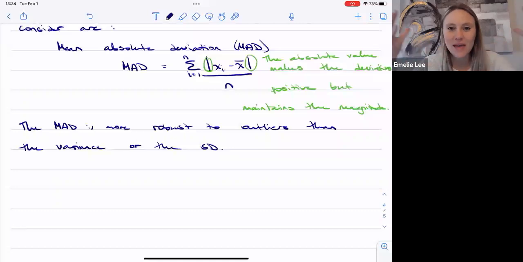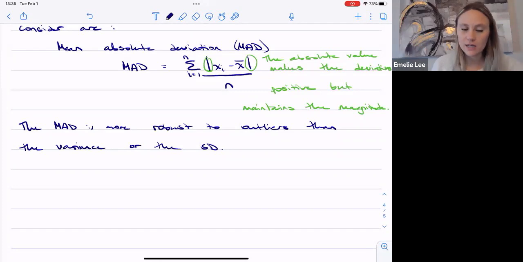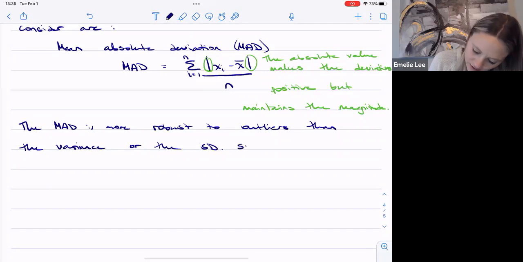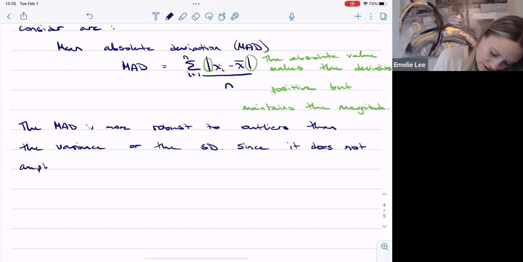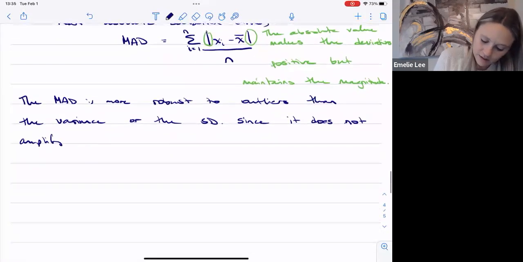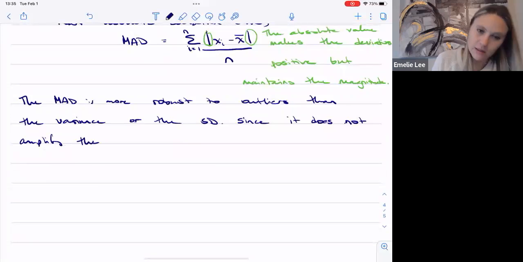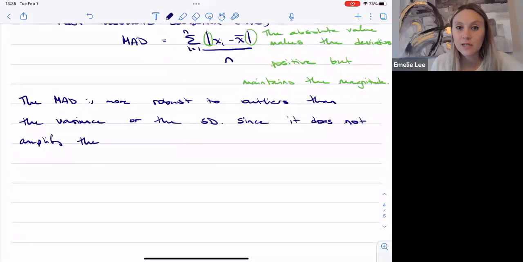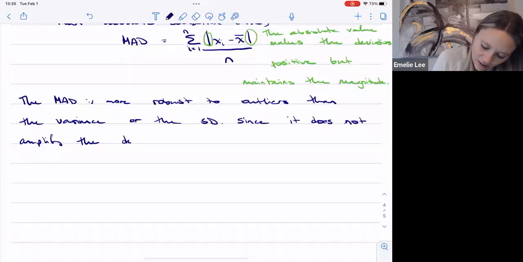Okay, and it's mostly because I'm not amplifying, right? I'm not making those distances larger, right? If I'm using a mean that's being pulled towards an outlier, right? And so the MAD is more robust to outliers than the variance or the standard deviation, since it does not amplify the deviations from the center, right, which might be pulled towards the outliers.